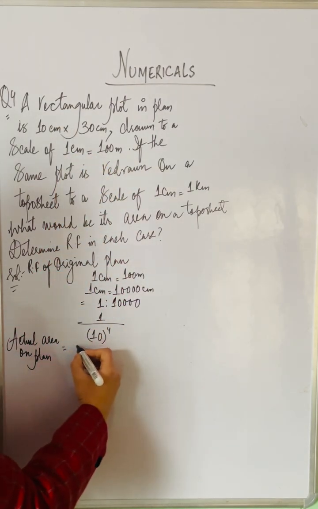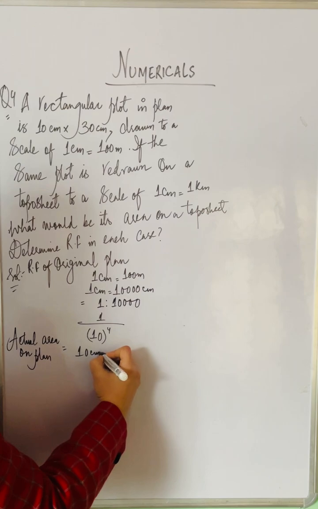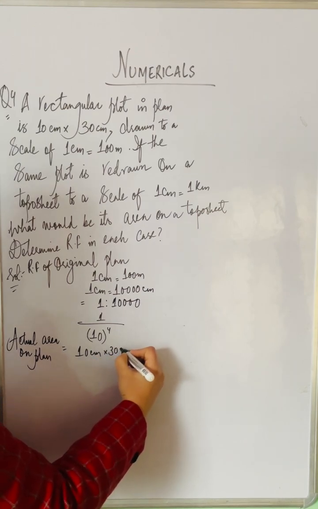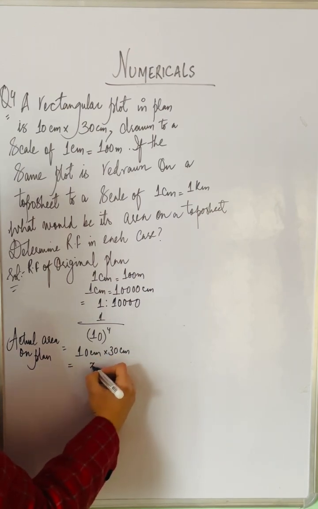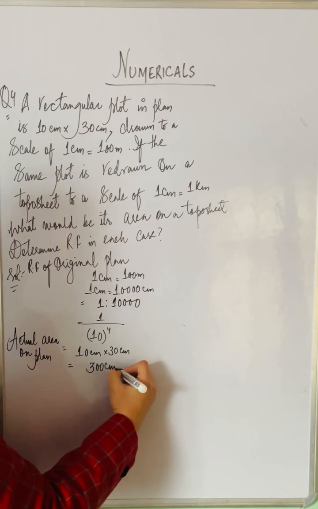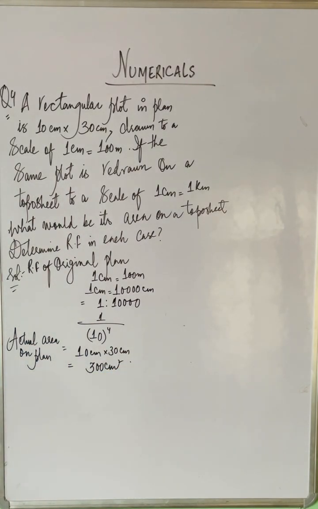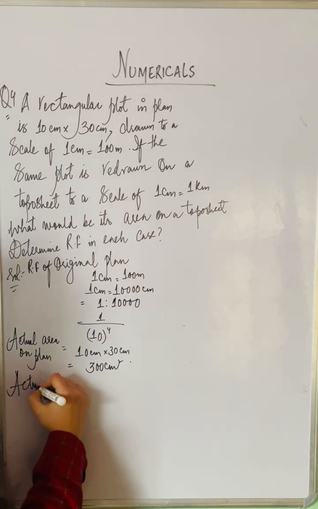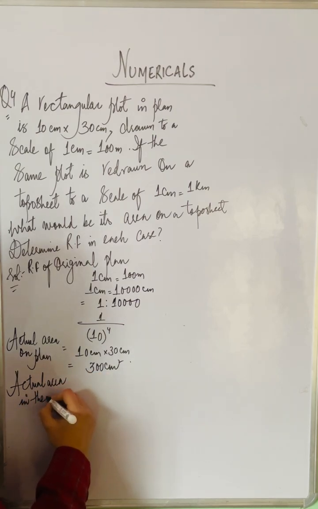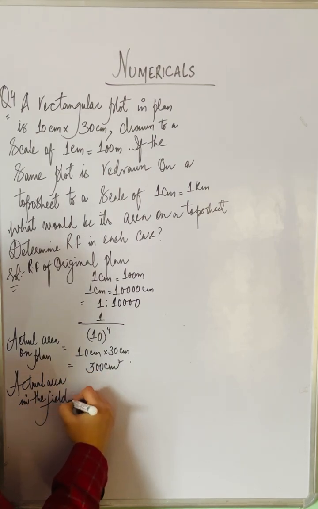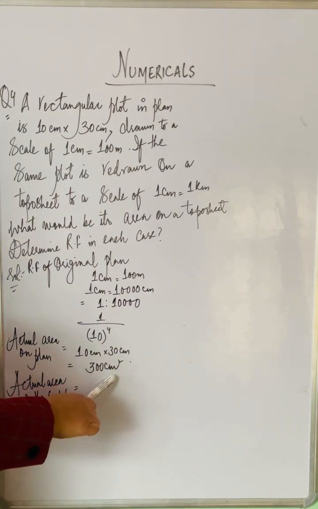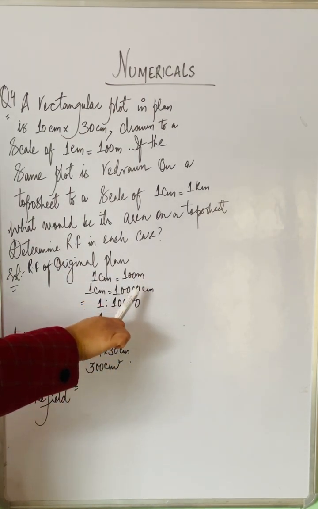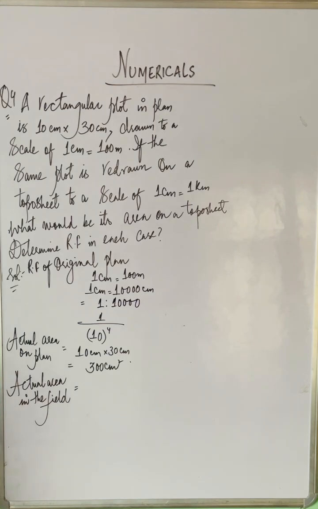It's 10 centimeters cross 30 centimeters, which comes equivalent to 300 square centimeters, right? Now what will be the actual area in the field? Actually, since we have the scale, 1 centimeter is equal to 10,000 centimeters on the ground.